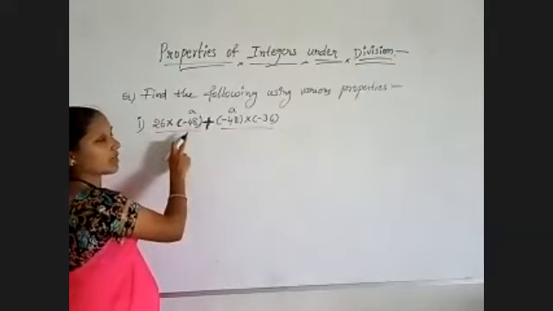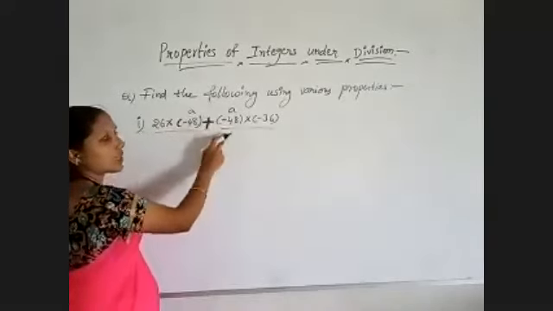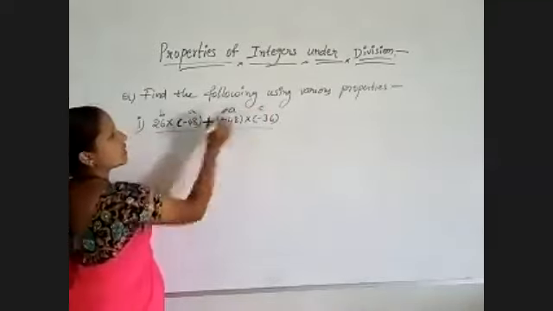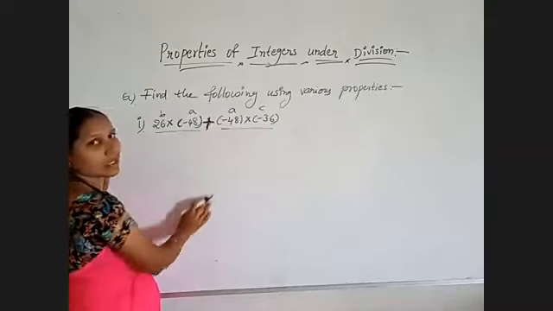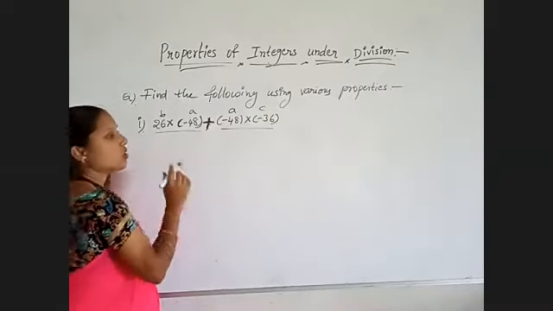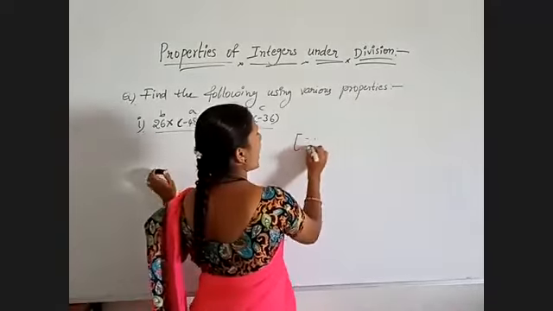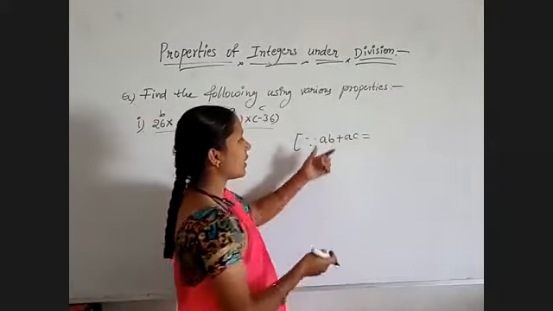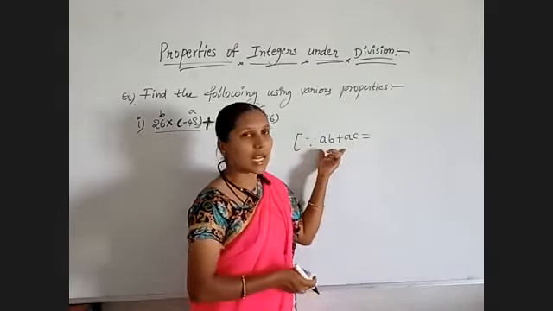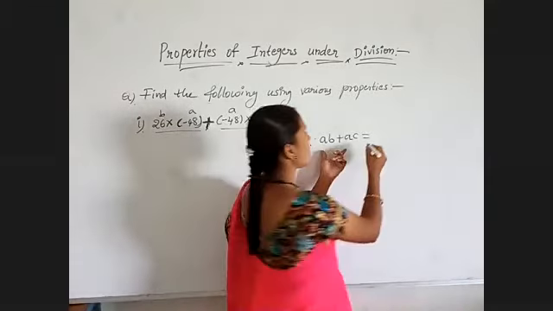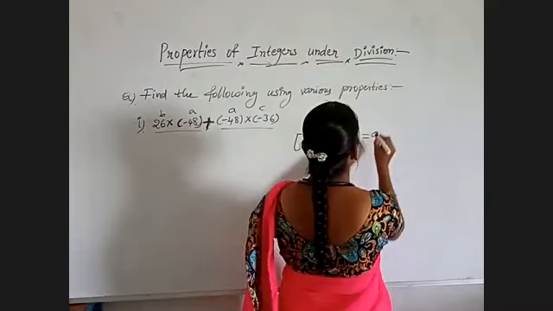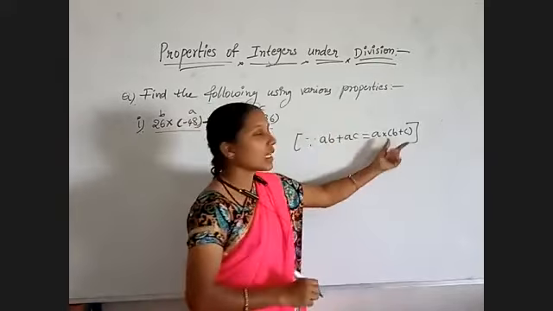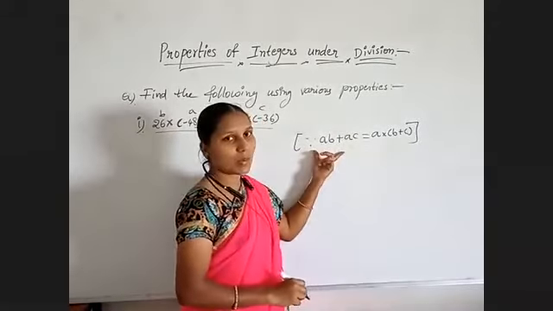So here A is placed first, and in this term A is also placed first. Coming to this side, it is B, it is C. A into B plus A into C. That means distributive property. So remember, whenever they are given in this form, then we need to simplify by taking A into B plus C. If they are mentioned this side, then we need to perform this side operation.